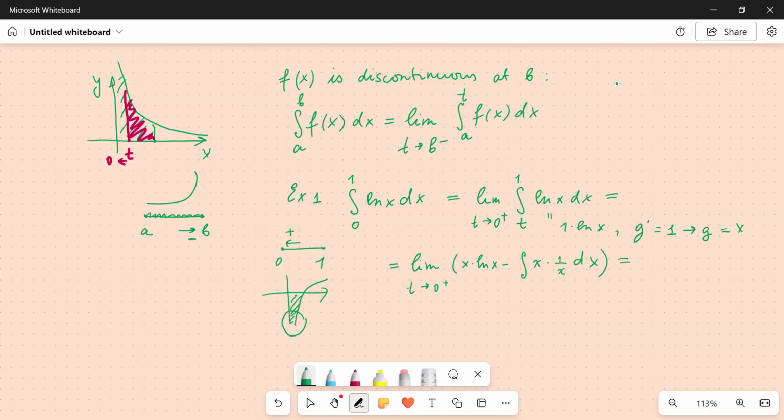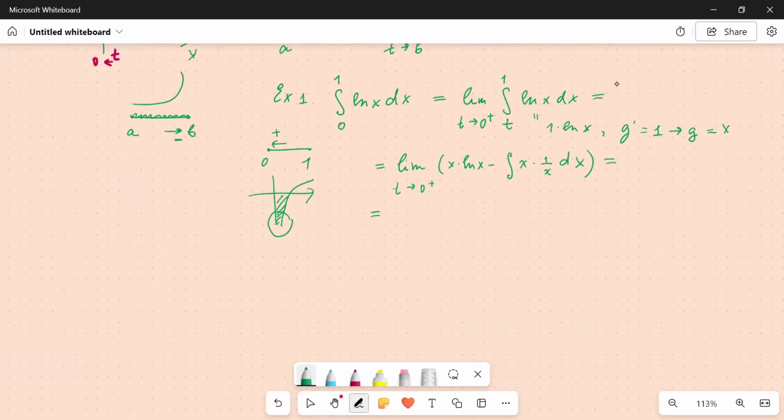And we are eventually going to get, sorry, I need to put limits everywhere, but let's put the limits at the very end. Limit as t approaches 0 from the right of x ln of x, and here we just have 1, so it's minus x, and the limits are t and 1. Let's do 1 first, the upper limit.